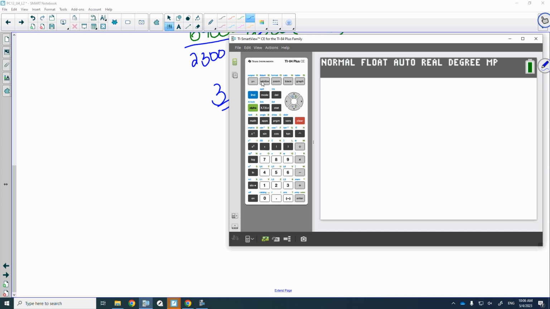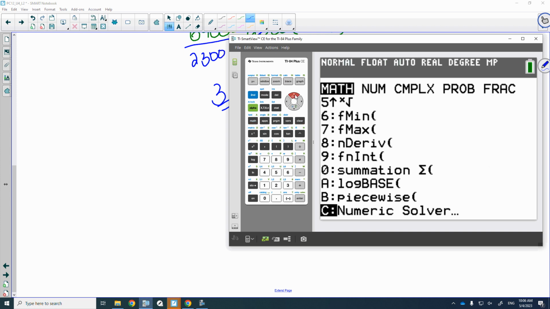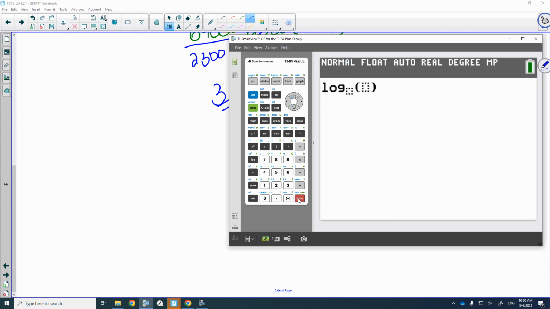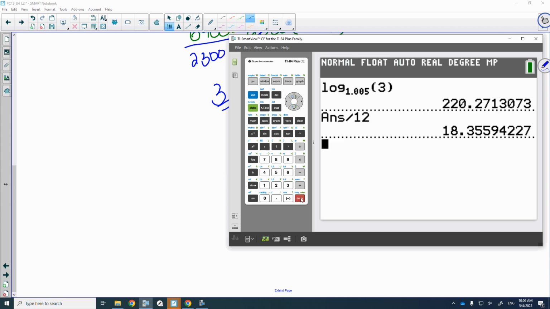So log base 1.005 of 3, that number divided by 12 is going to be, it said to the nearest tenth of a year, 18.4 years. After 18.4 years of sitting there, your money would triple.